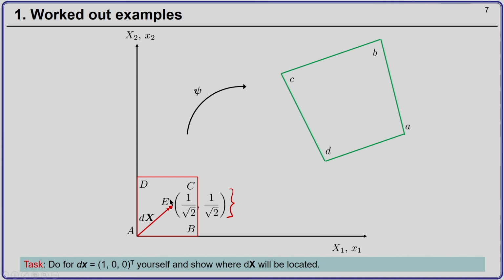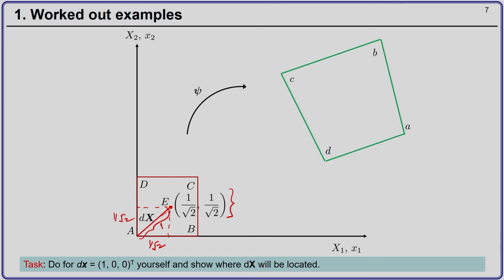The length of this is equal to 1, so its coordinates will be 1 by root 2 and 1 by root 2. From Pythagoras theorem, the third side will be 1 by root 2 squared plus 1 by root 2 squared, which is nothing but 1.